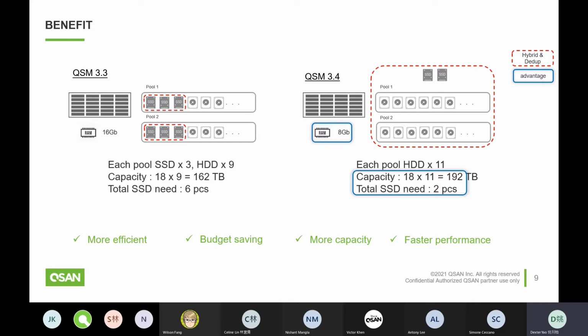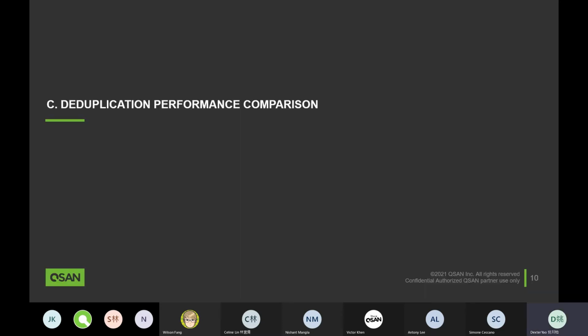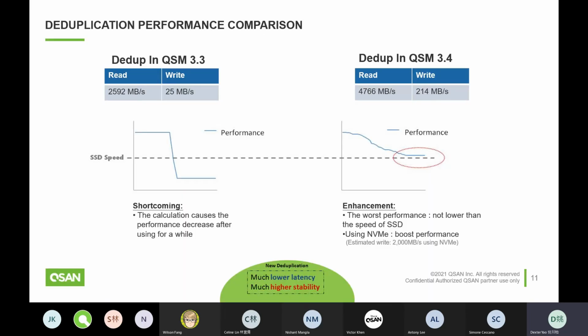So we will continue. About performance, you can see that Dedup in QSM 3.4 has a much higher sequential read and write bandwidth on the table.